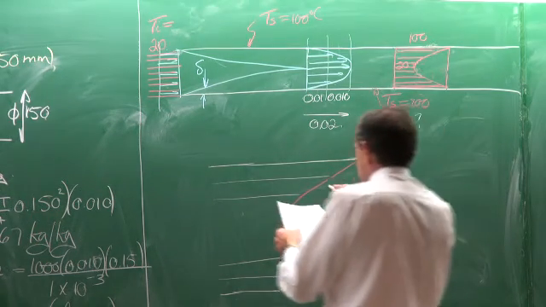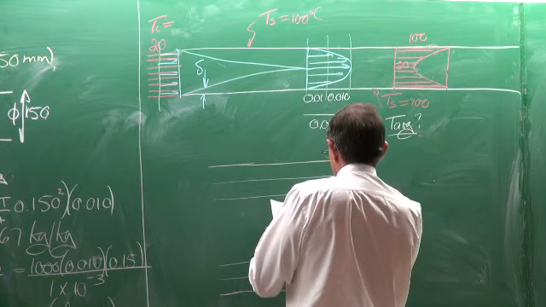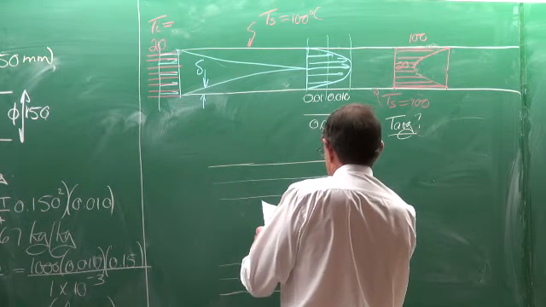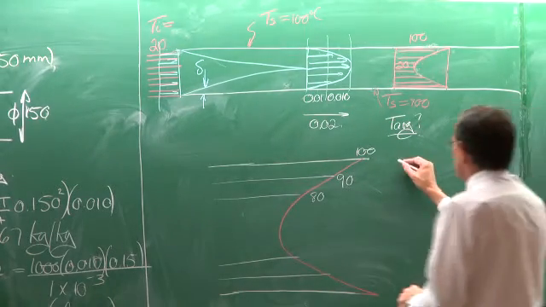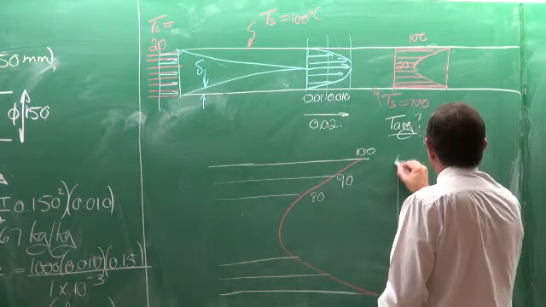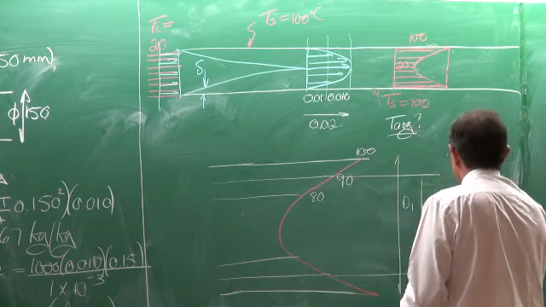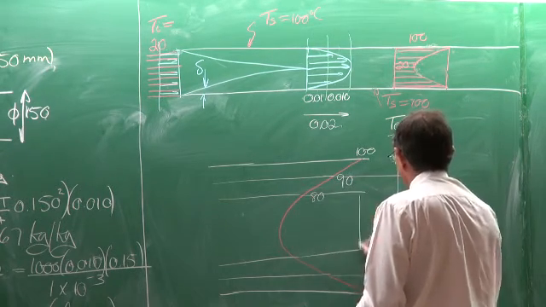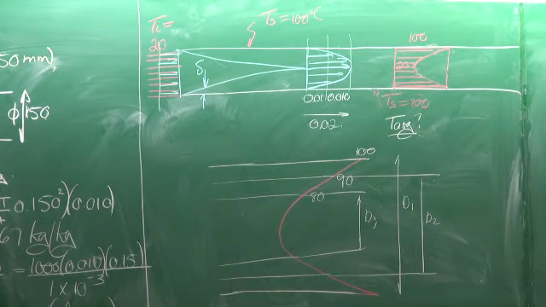Let's suppose the temperature there is 100, and I look at where the temperature is 90 and maybe 80. And that diameter is D1, that diameter is D2, and that diameter is D3, etc.